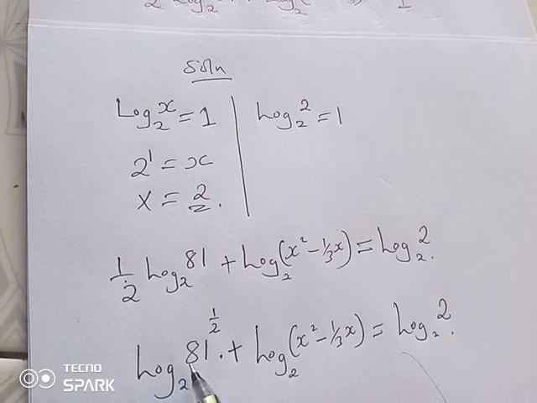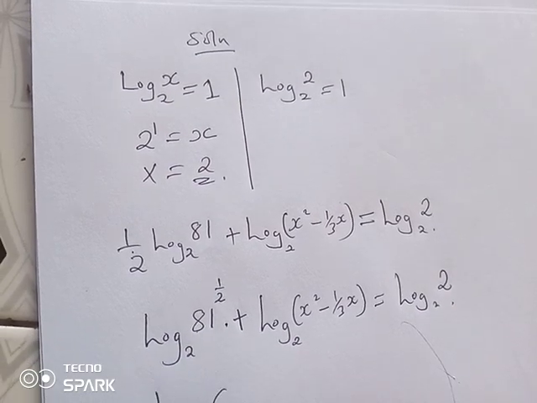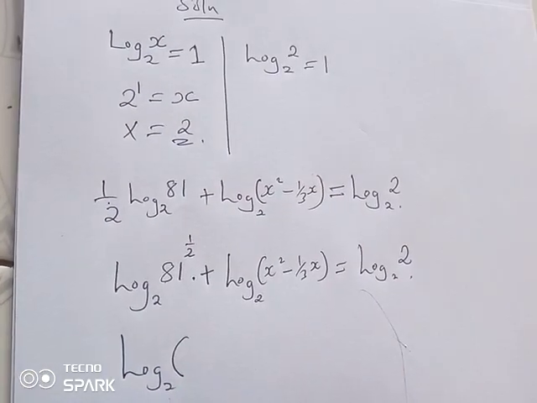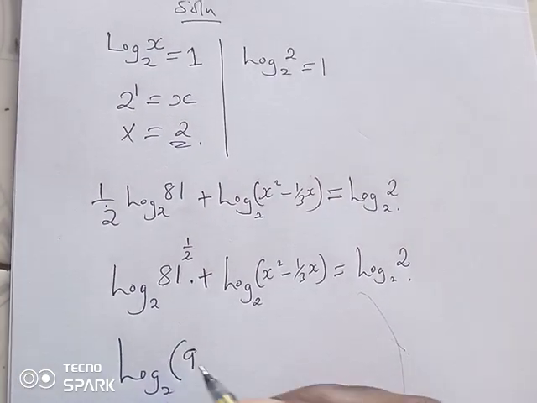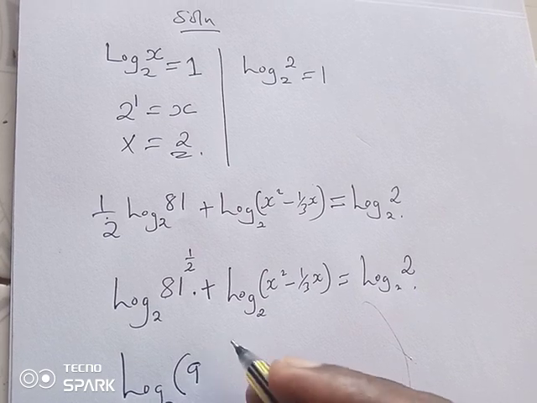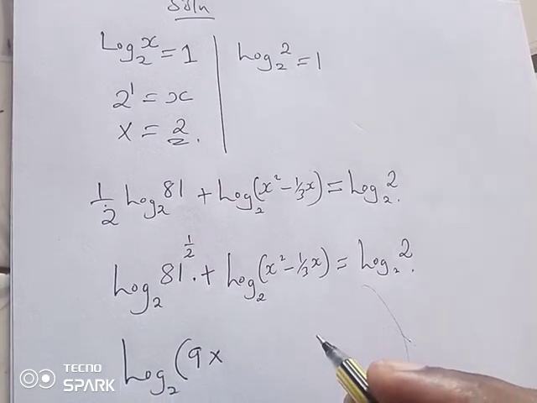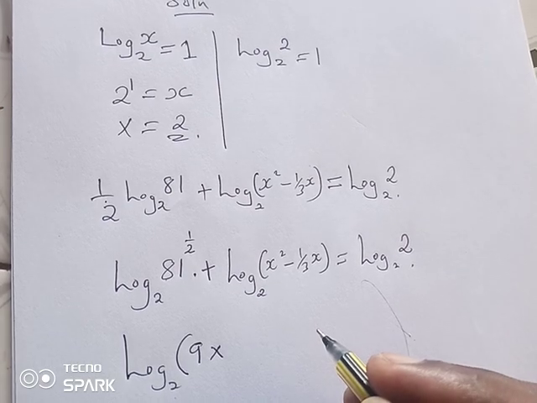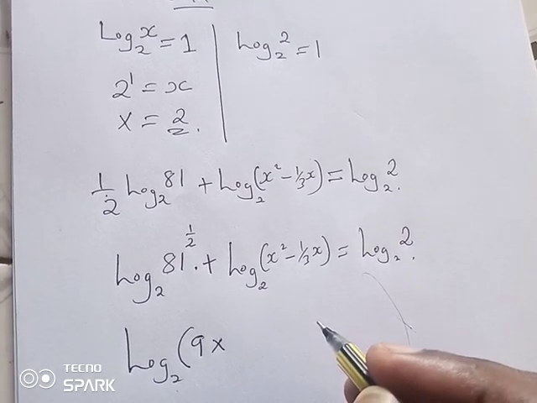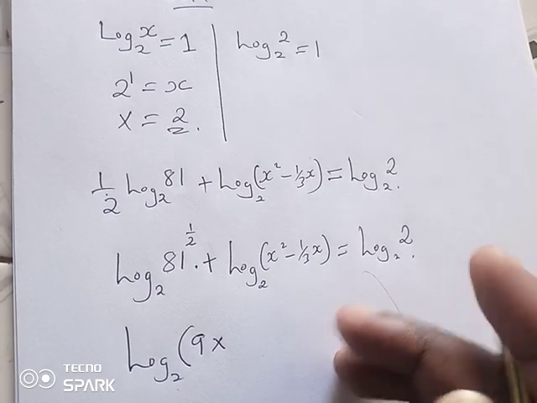Now 81 power half is the square root of 81, which is 9, times, there we are obeying the law: when the logs are added, then we multiply.